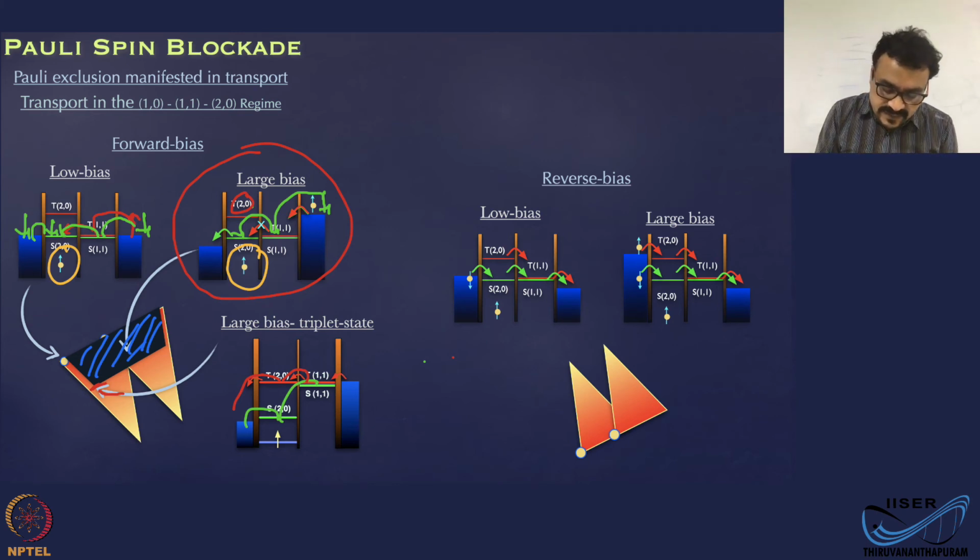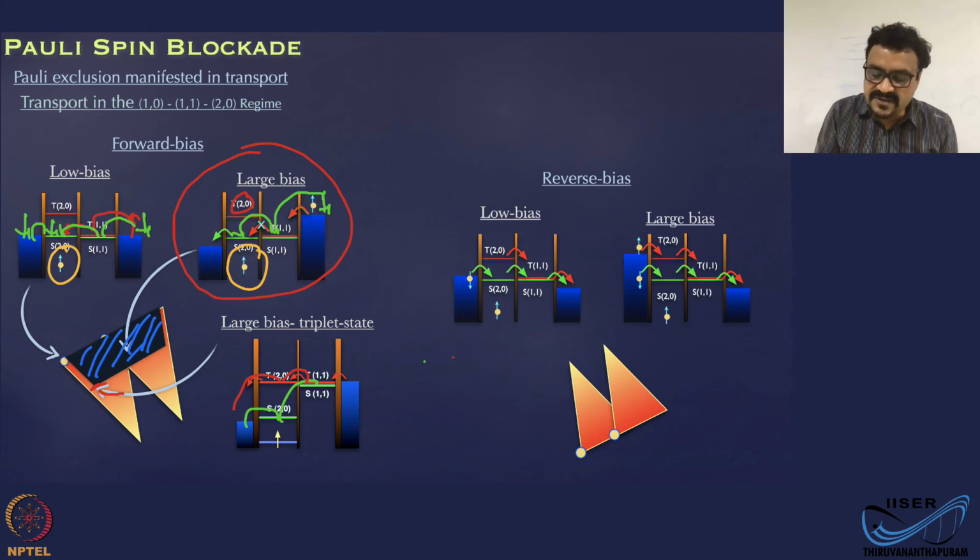And the current will resume when you lift the T11 state and S11 state, both in resonance with the T20 state. Of course, you also need to have the source drain bias supporting that. Okay. Then you will see a current flowing through the system. So in this regime, the current is blocked because of the Pauli exclusion principle for this biasing condition.